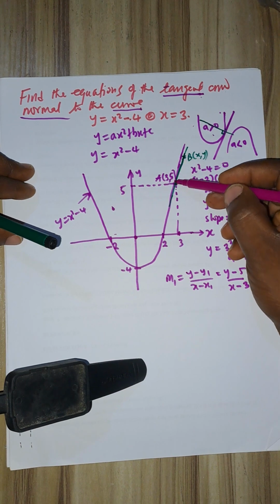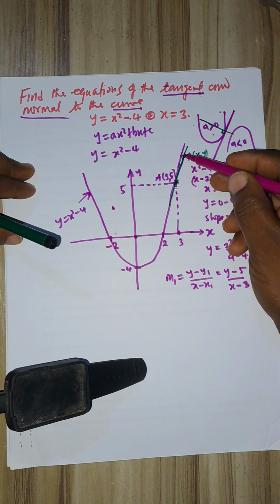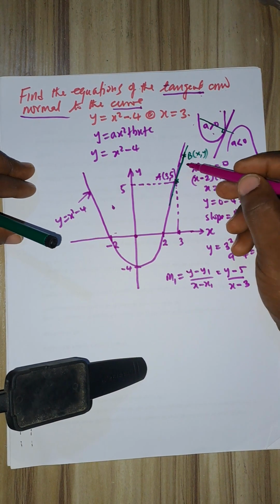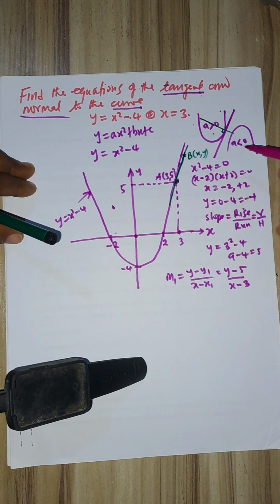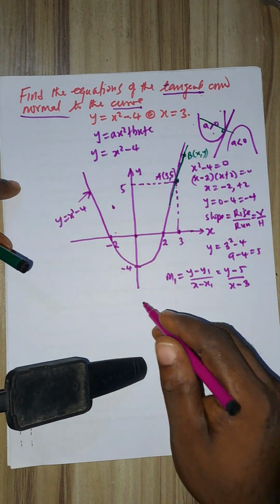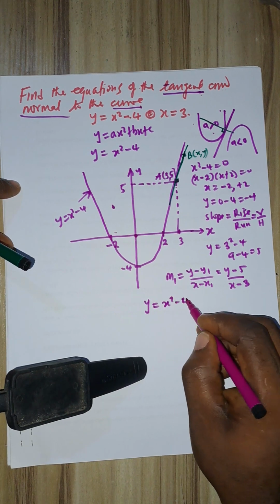Now at this point, because this curve and this tangent are parallel, they have equal slope at this point. And so what is the slope of this curve, this function y equals x squared minus 4?